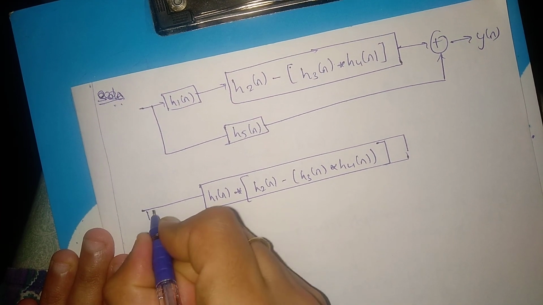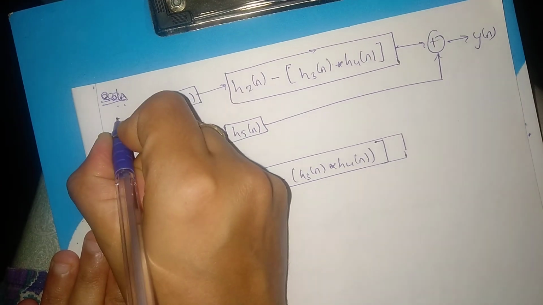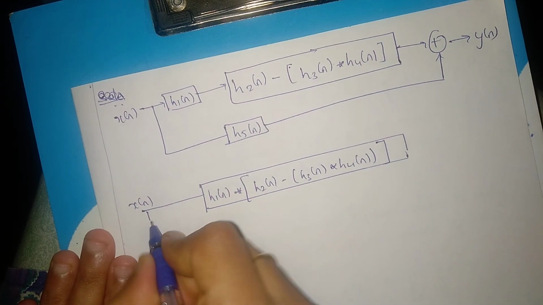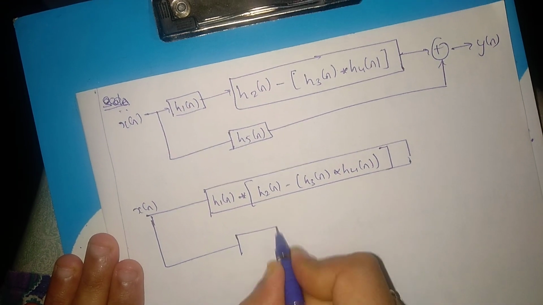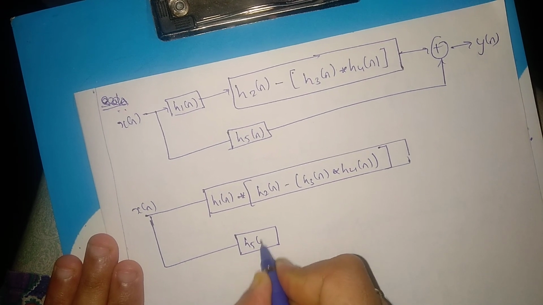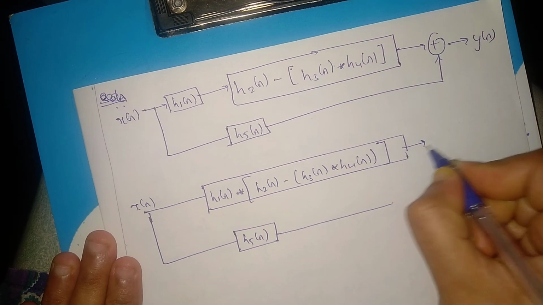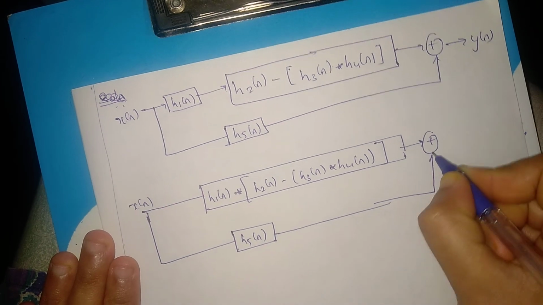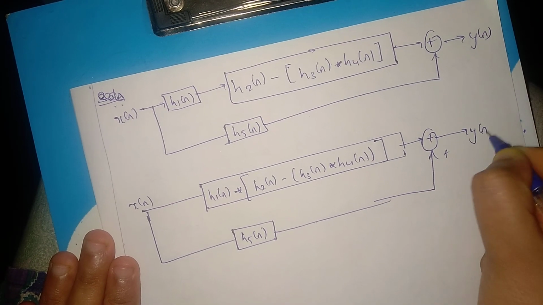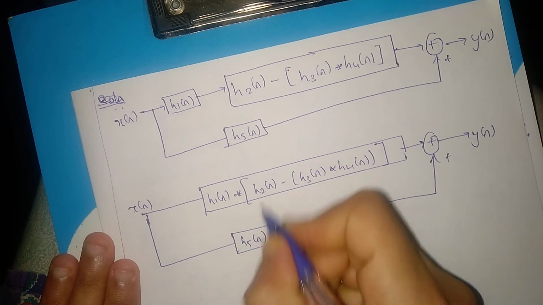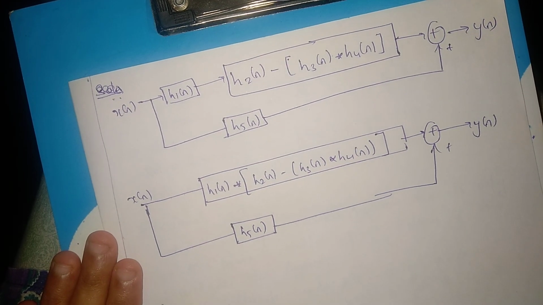Again, this is x of n you are giving as input. This is one more block h5 of n. So this is plus, we need to add this to get y of n. So plus means just an adder symbol.